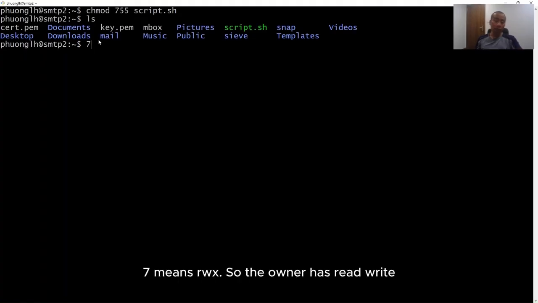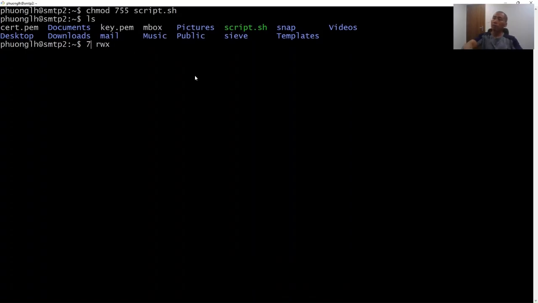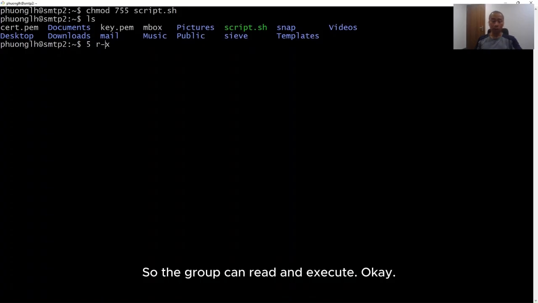7 means rwx, so the owner has read, write, and execute permissions. 5 means r-x, so the group can read and execute.